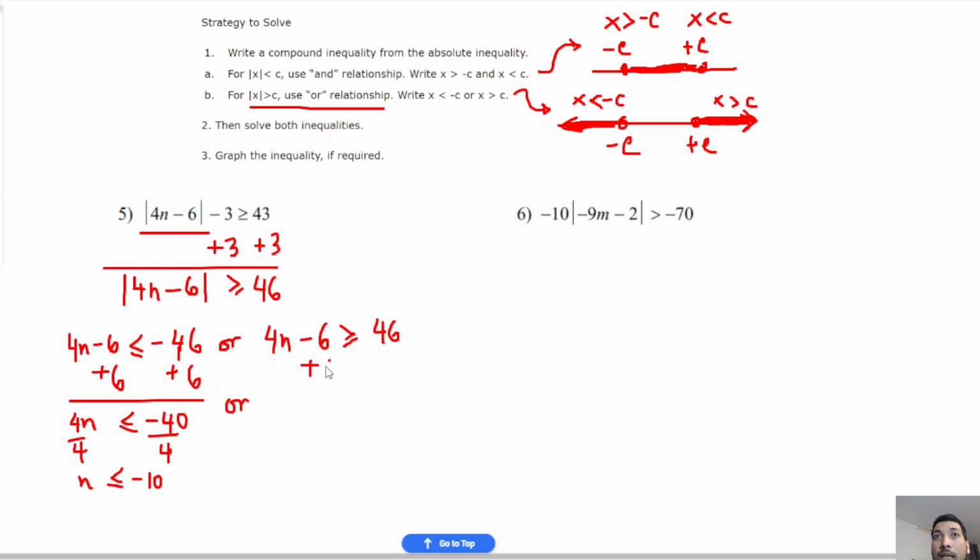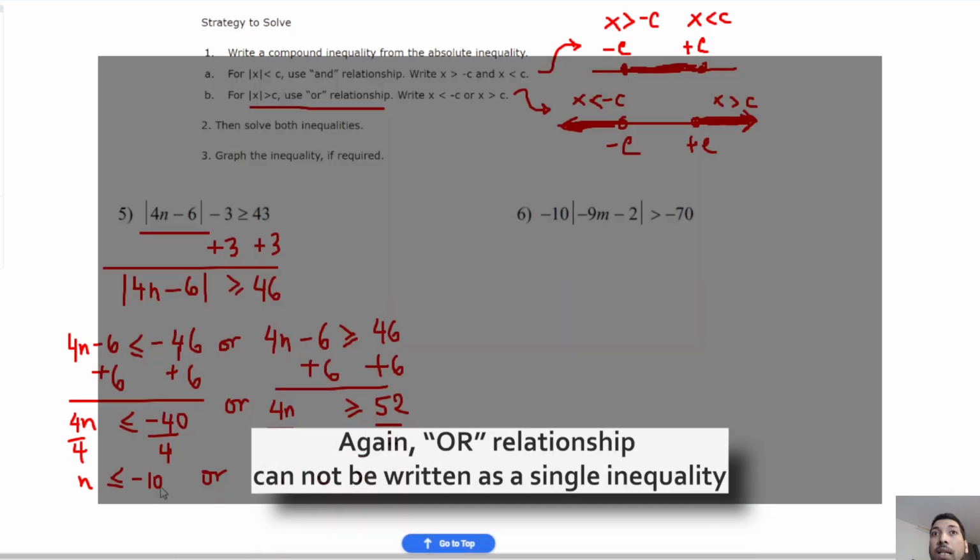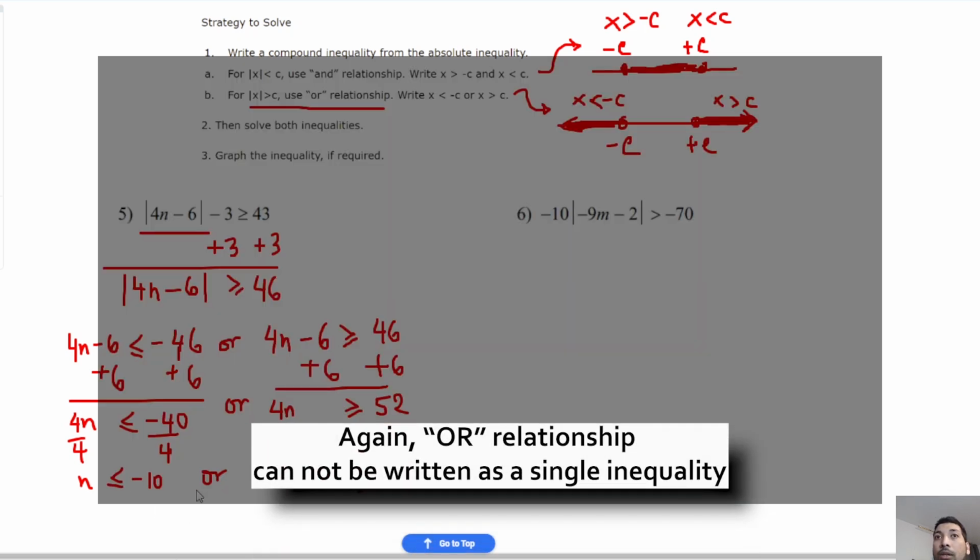Add 6 on both sides. Adding 6, we get 4n greater than or equal to 46 plus 6, that is 52. We divide both by 4. We get n greater than or equal to 13. Now again, we see that these two inequalities are related by OR inequality, so you cannot combine this as a single inequality. So that's our answer.